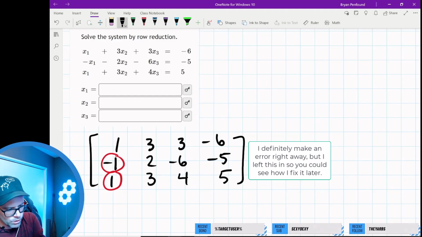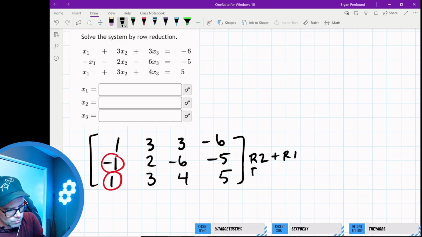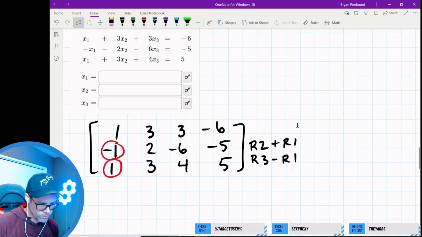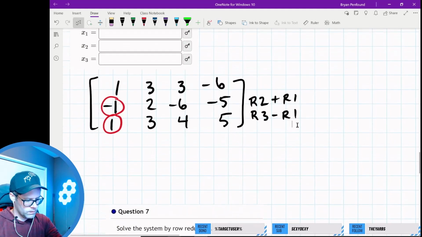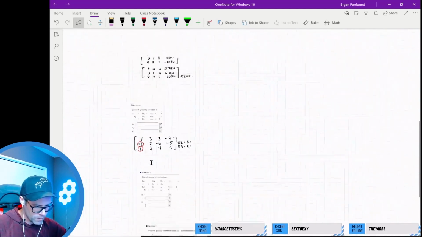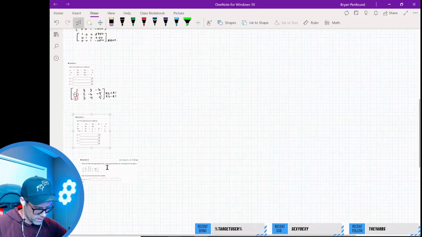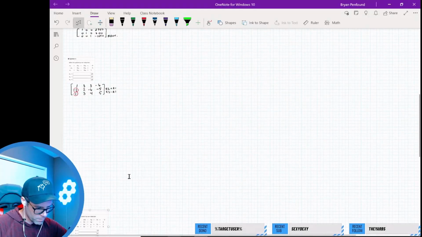So let's do row 2 plus row 1, and let's do row 3 minus row 1 to start. I am definitely going to need a lot more space, so let's get rid of these two questions.